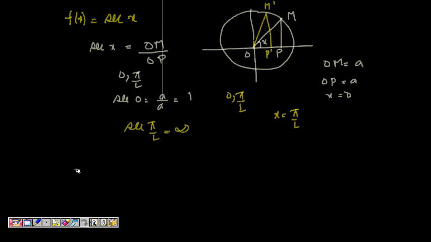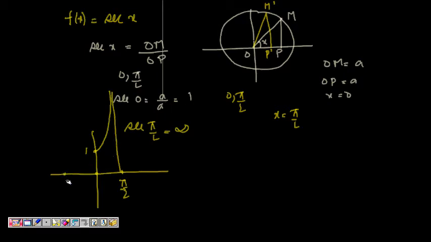And hence if we draw the graph, at 0 we saw sec x was 1, and at pi by 2 it is becoming infinity.